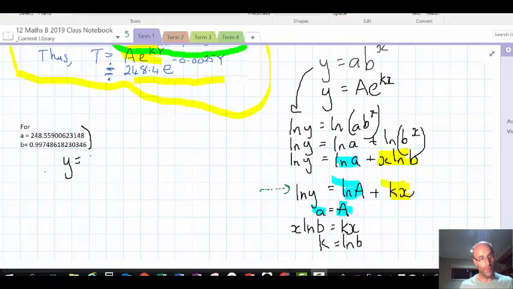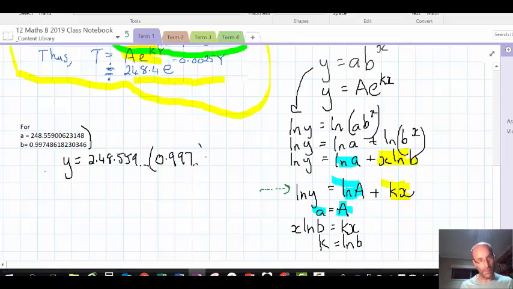So we've got y equals, for our form, starting off with 248.559 times b to the b, which is 0.997 to the x.